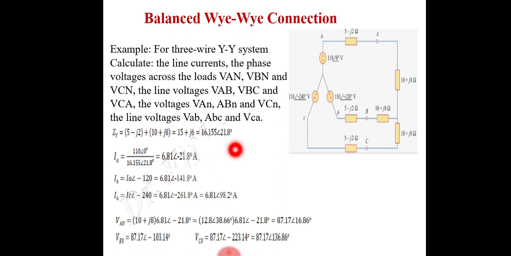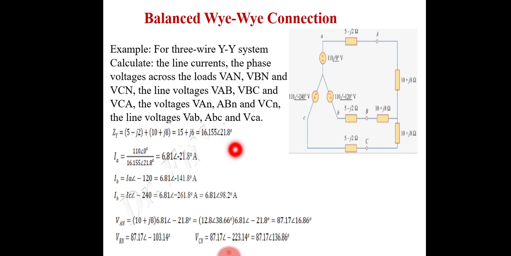So we find, as discussed previously, IA is equal to VAN divided by ZAN.